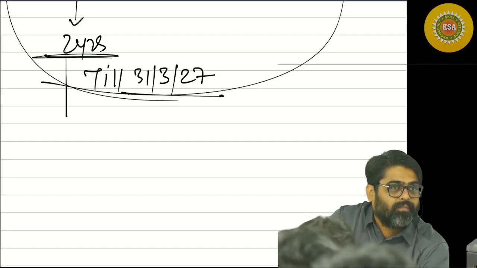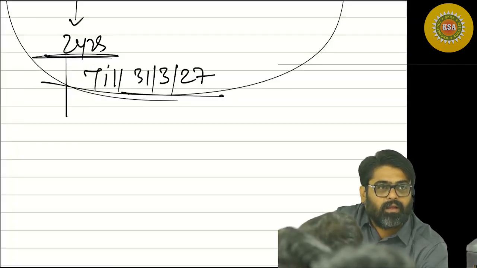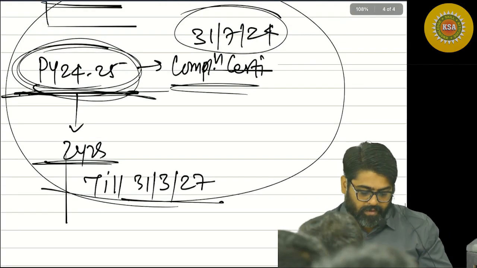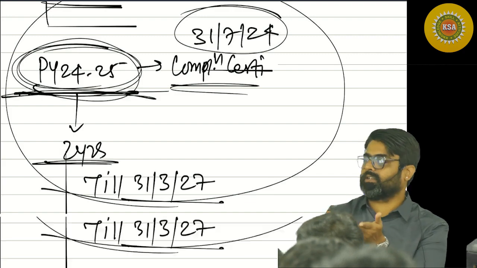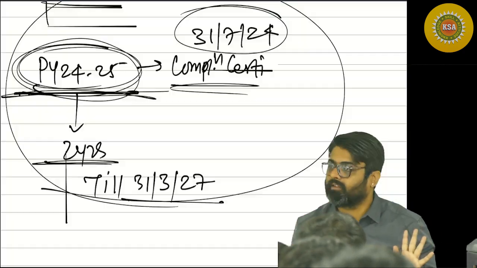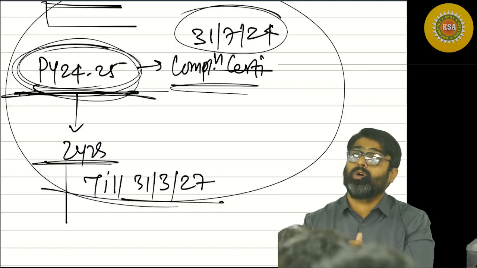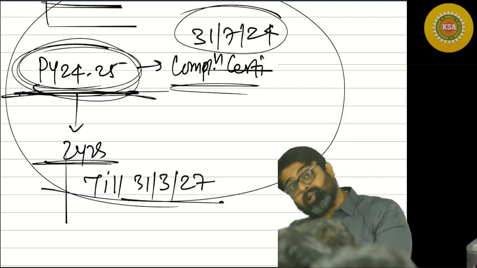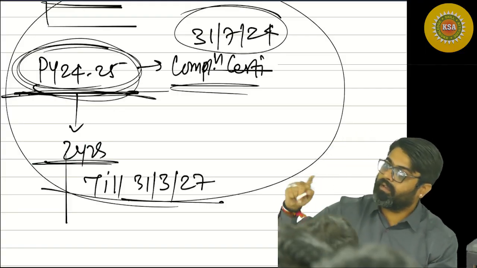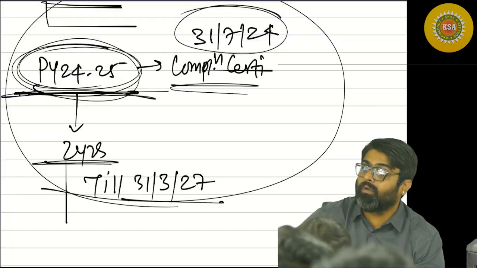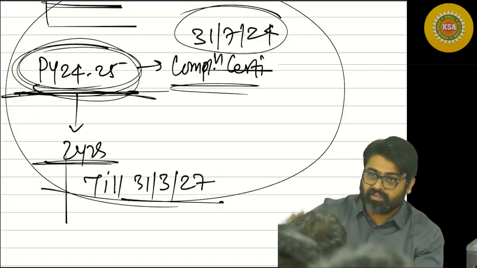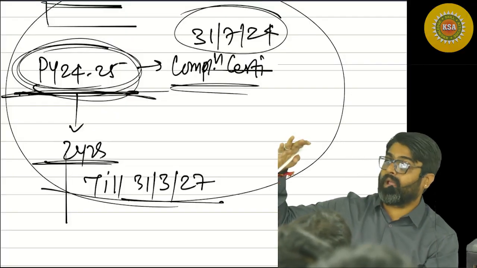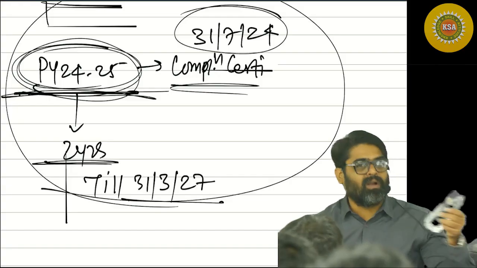Getting my point, everyone? So tell me, previous year 24-25, annual value will be taxable or will not be taxable? The year in which the construction is completed, in that year forget about the taxability. That year also, and after the completion of that year for another 2 years. So 25-26 also annual value will be exempt, and 26-27 also the annual value will be exempt. This is enough time to sell your stock in trade, and we have given you ample time because your stock in trade is not a normal item.